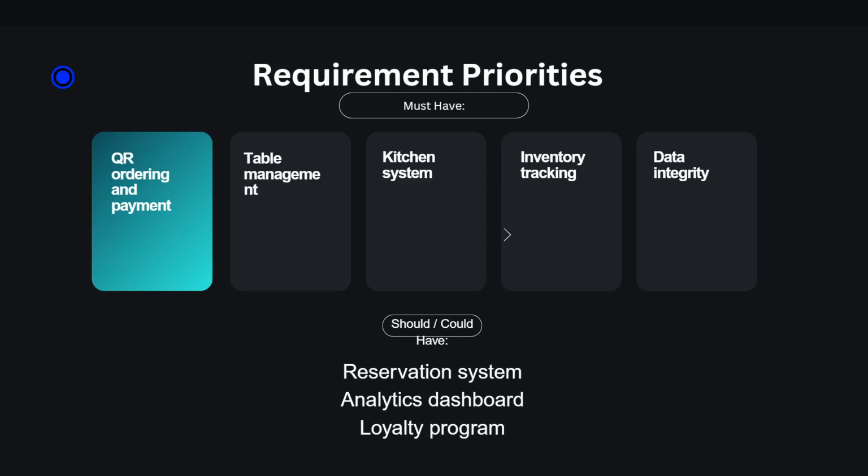The most important features that we must have are five things here: QR ordering and payment, table management, the kitchen system, inventory checking, and data integrity. Other features like reservation, analytics, and loyalty programs are considered less critical and can be added later.